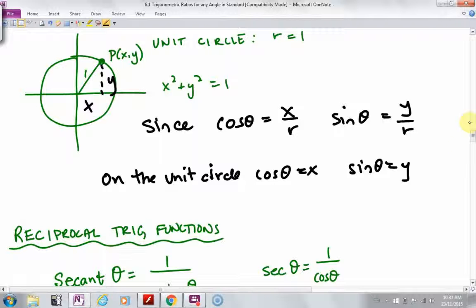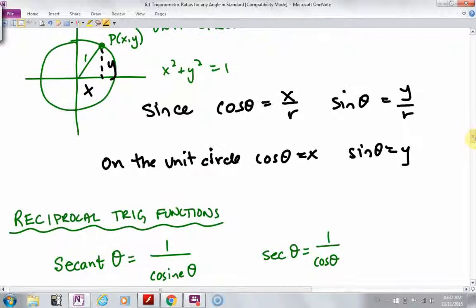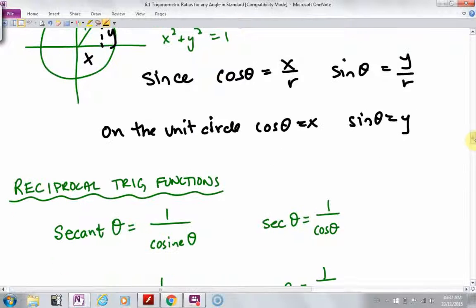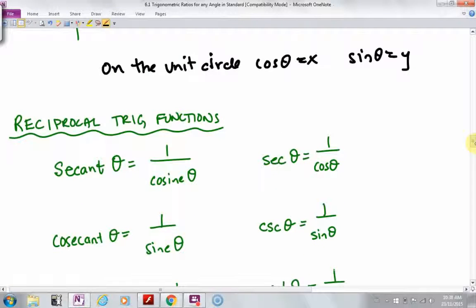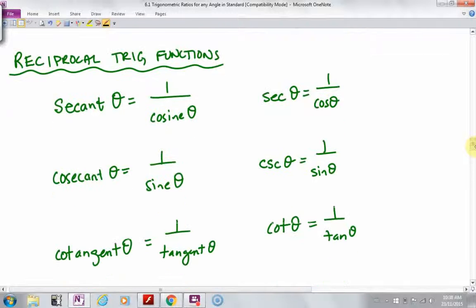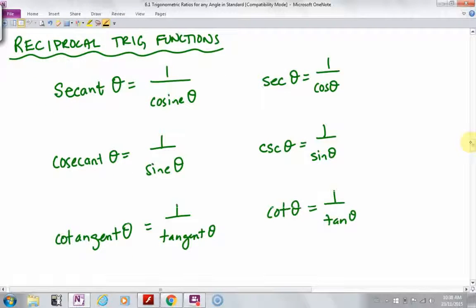The reciprocal trig functions are exactly what they sound like, the reciprocals of the trig functions that you already know. The three functions that we're going to define are secant, cosecant, and cotangent. Those are new to you this year. Secant is the reciprocal of cosine, 1 over cosine.